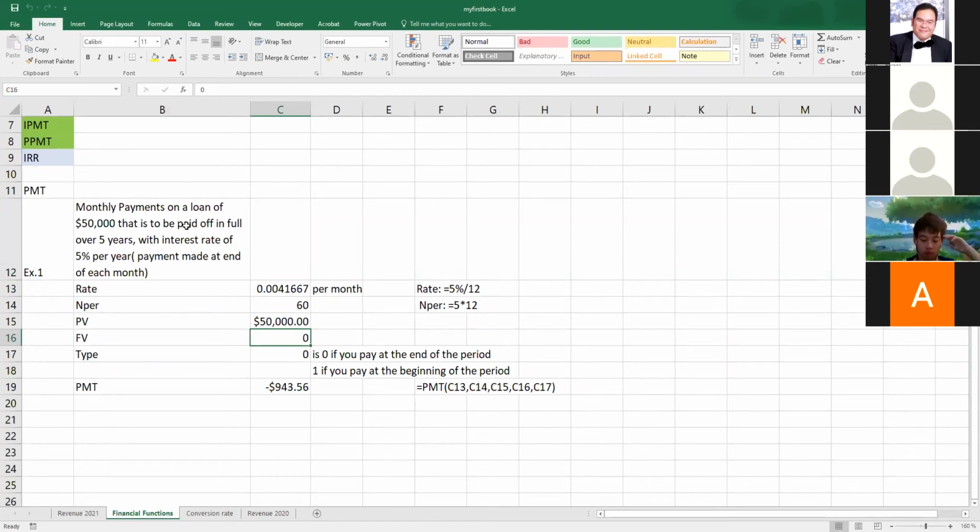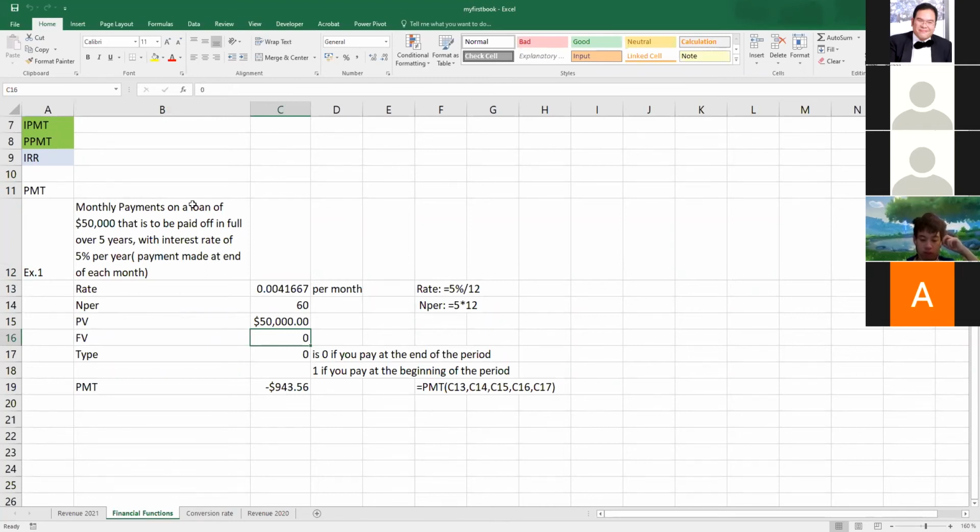After that, we said that we want to pay over 5 years. You have to make sure that the number of periods is related to the period of time, but you cannot enter 5 years straight away.